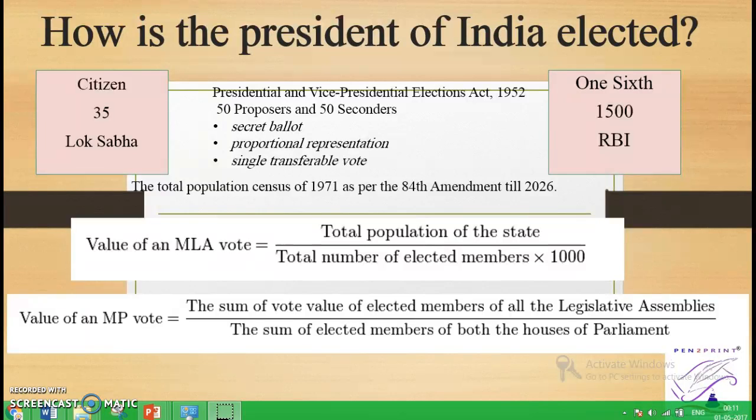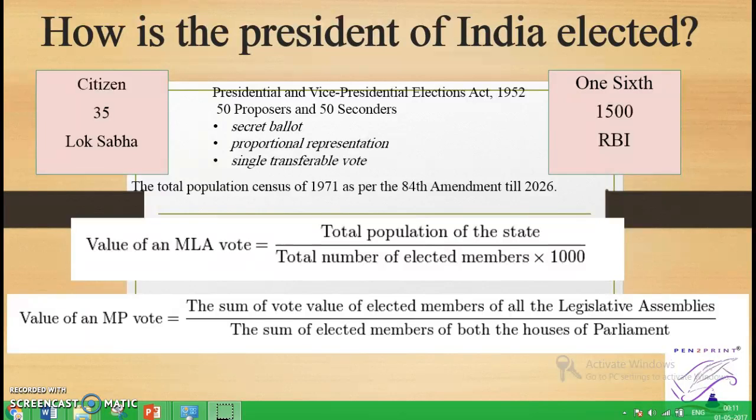So, how many persons can contest the election? To minimize the number of candidates contesting, a candidate must be supported by 50 proposers and 50 seconders. Usually one ruling party keeps their candidate and another candidate can be from the opposition party.